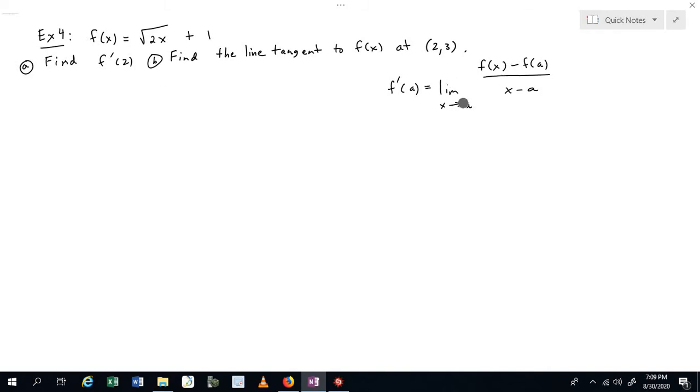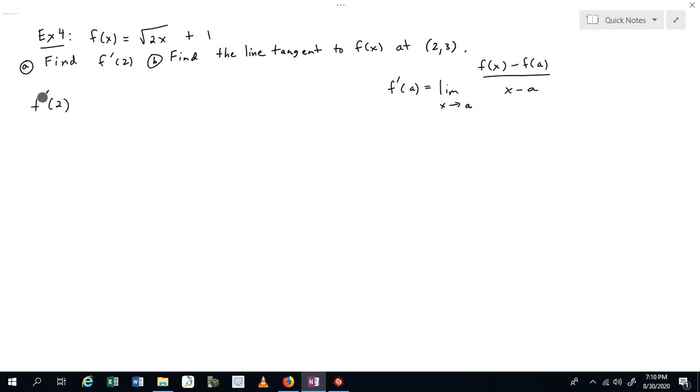You could use either of the two limits that we talked about to find the derivative of f evaluated at a, and I'm just going to use this one. So we want f prime evaluated at 2.